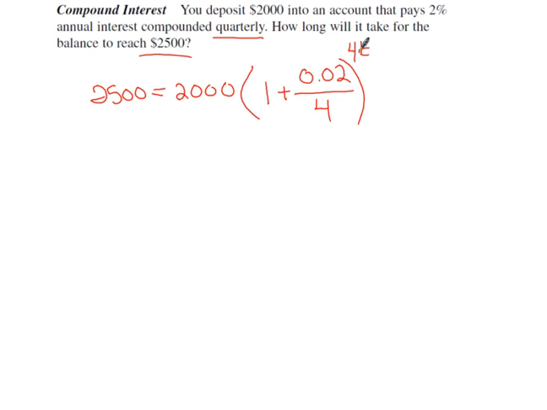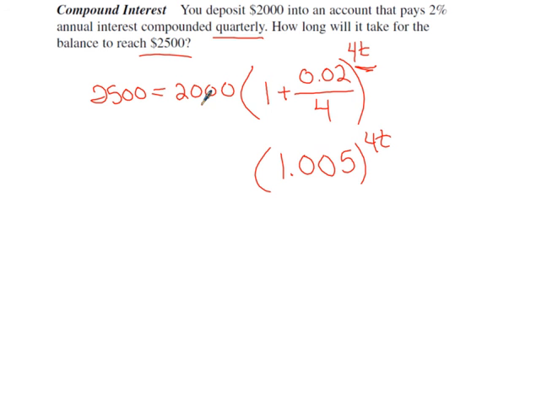You're trying to get this exponent by itself, this 4t. So if I simplify inside the parentheses, 0.02 divided by 4 plus 1, that's going to be 1.005 to the 4t power.